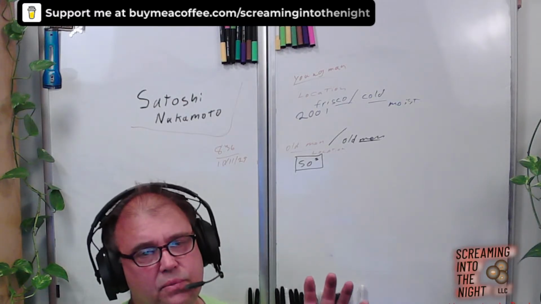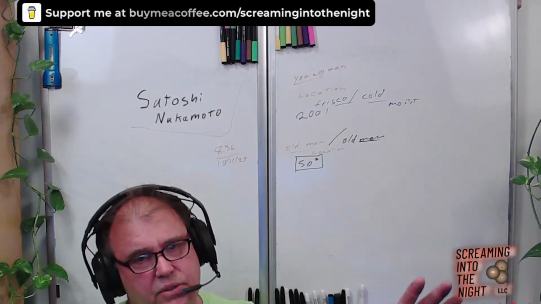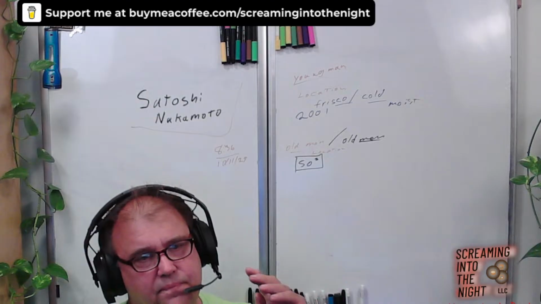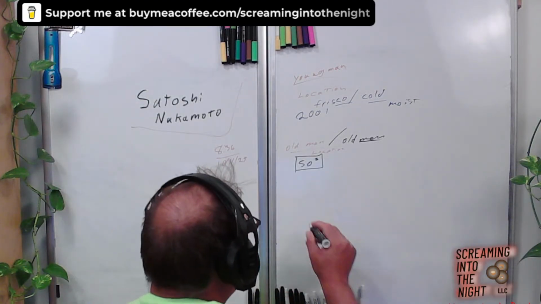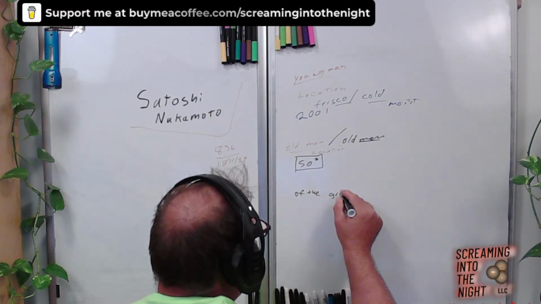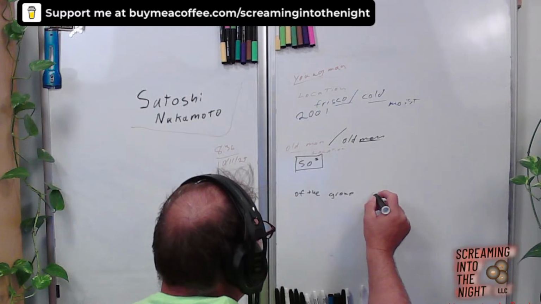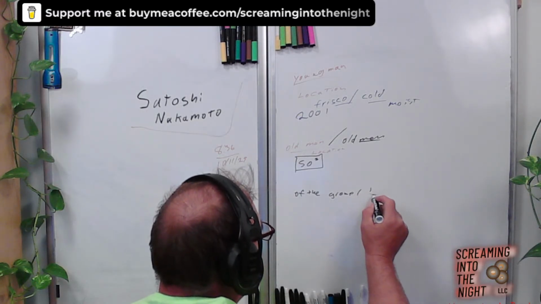So the small group that started, one of them's gone. He has no more. He sold them all. Okay, so let's write this down. So of the group, the original group, one sold all.